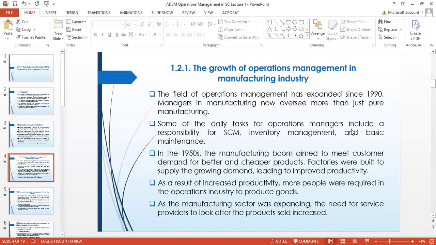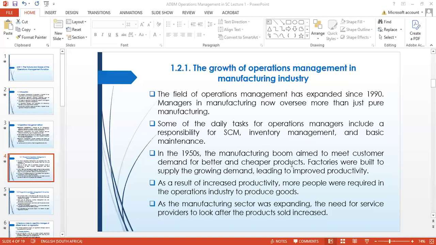In the past, they used only maintenance of the machinery that is used in the production of goods and services, right? In the 1950s, there was manufacturing that was taking place. It started to grow, right? So businesses had to meet the increase in demand that was coming from the consumers.